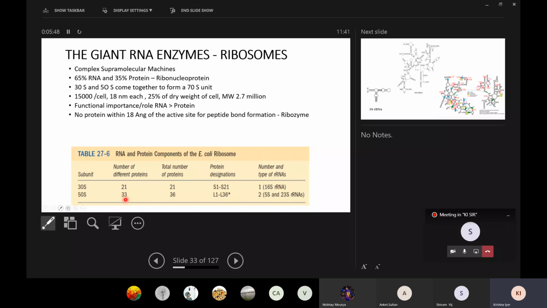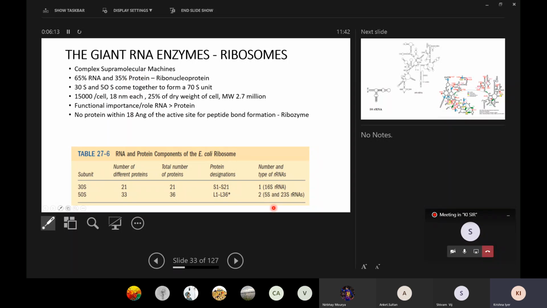Variety wise, it is 33; some of them are present in more than one copy. It also has RNA components called 5S RNA and 23S RNA. However, the contribution of RNA towards the overall weight of the ribosome is close to 65%. So ribosomes are said to be RNA dominated entities where proteins actually play a secondary role.